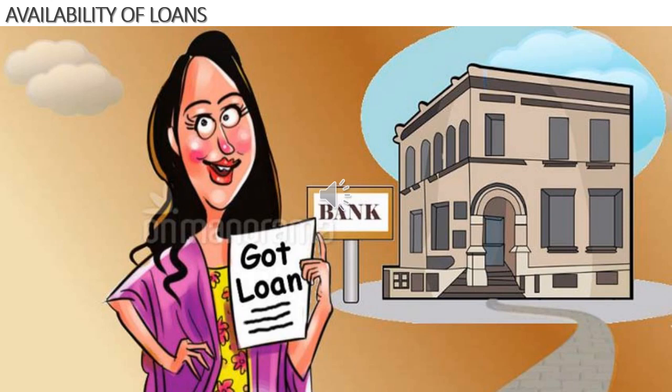Availability of loan. In most cases, it is not possible to start an industry with the capital in hand. The cash we have is not enough to start an industry, so the investors seek loans to start the industries.